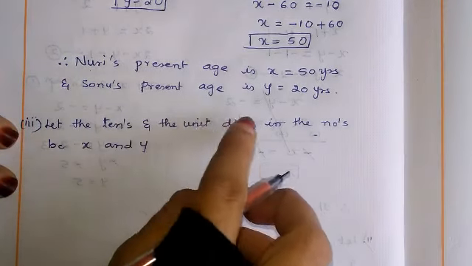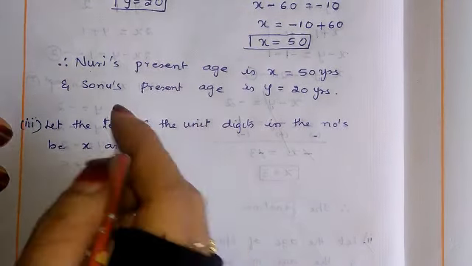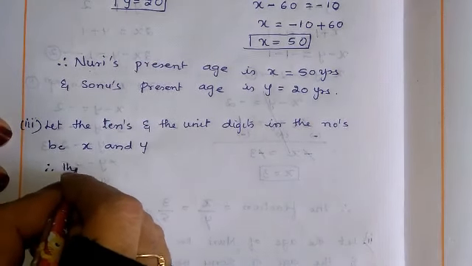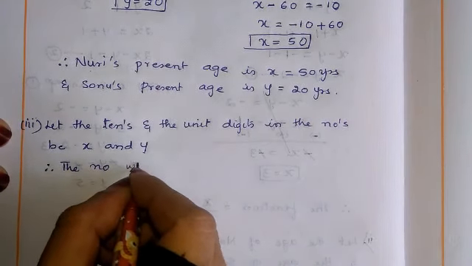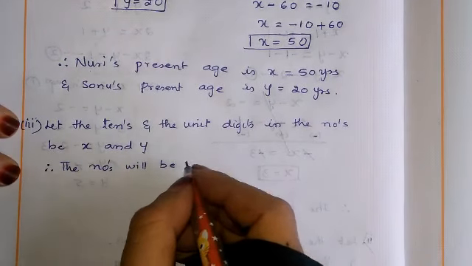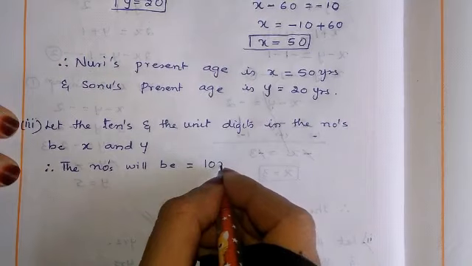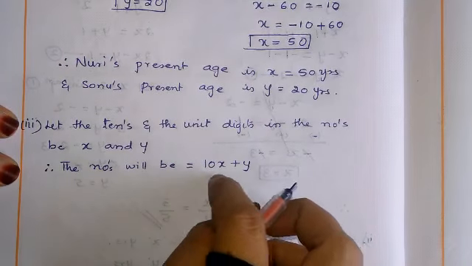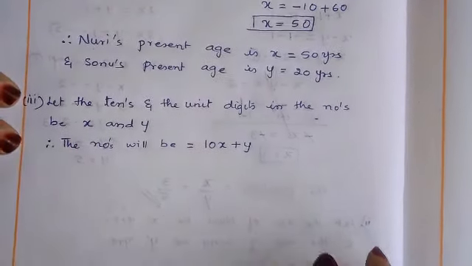Tens place x and units place y. So therefore the number will be written as 10x plus y.